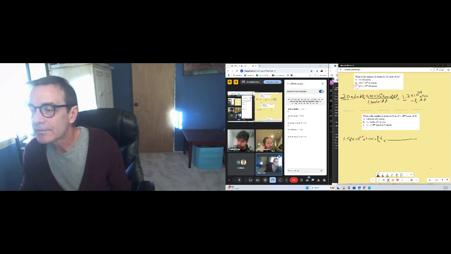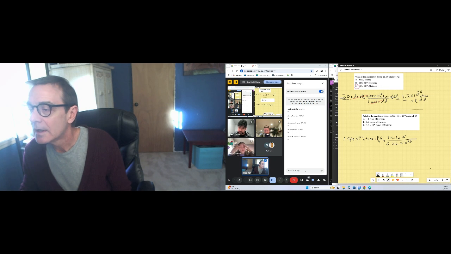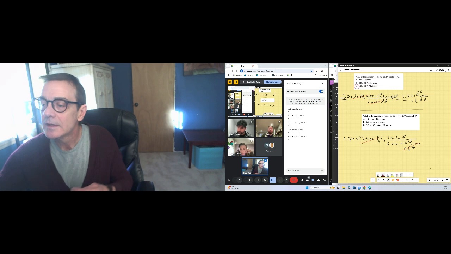And we also know that for every 1 mole of sulfur, we have 6.02 times 10 to the 23rd atoms of sulfur. Cross out those two units. We're left with our number of moles.